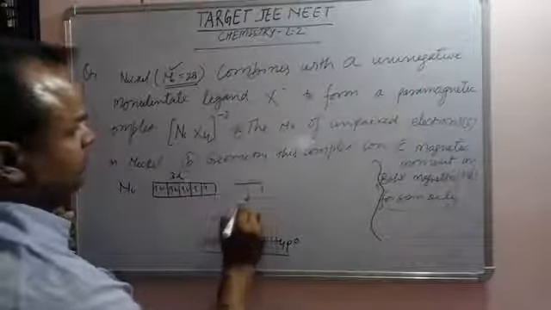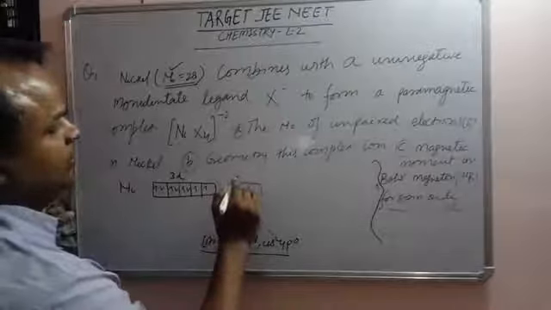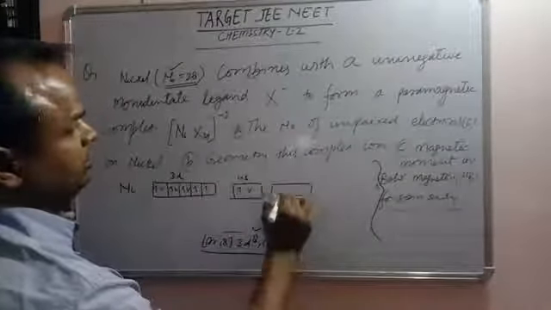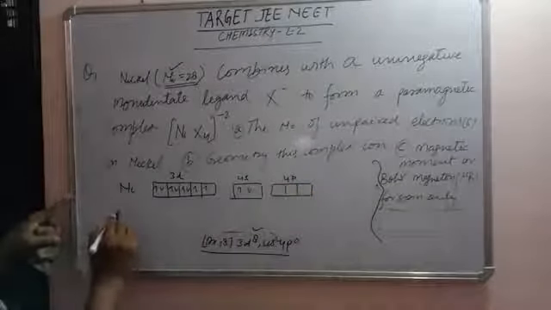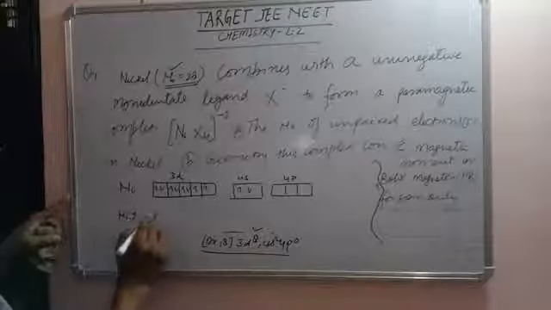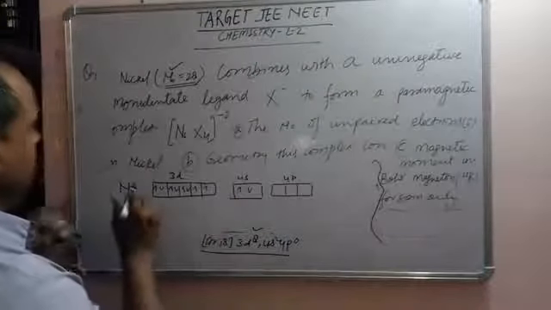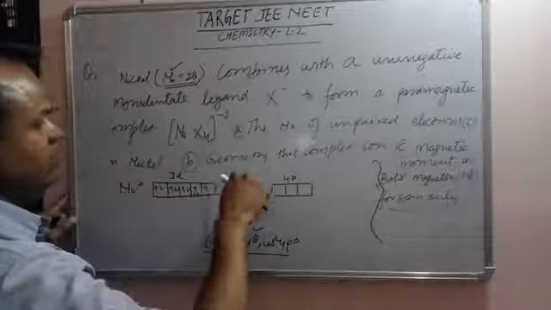Now for 4s, having 2 electrons only and they are paired, and in 4p there are no electrons. Now next step, if we write for Ni plus, it means these 2 electrons will be removed.